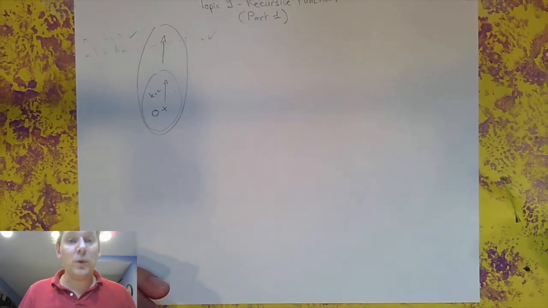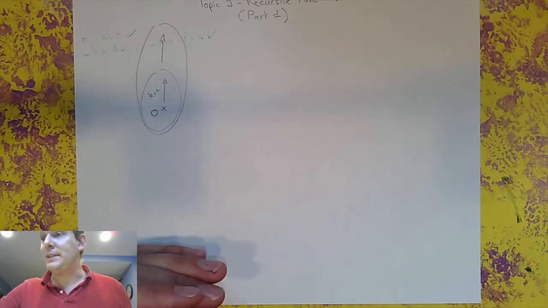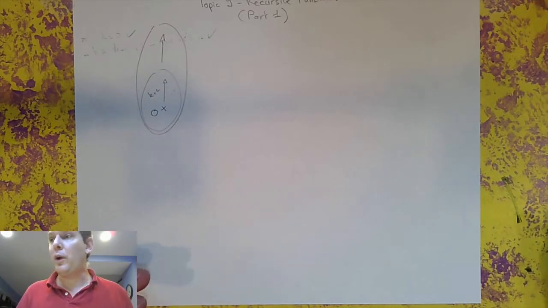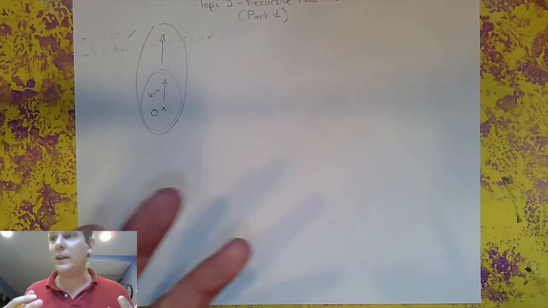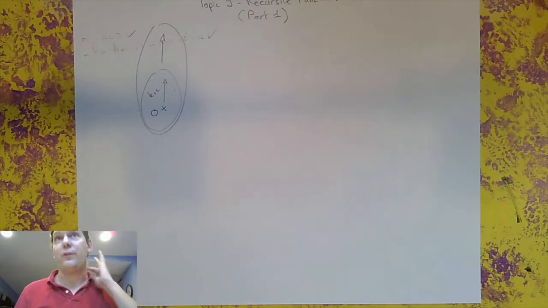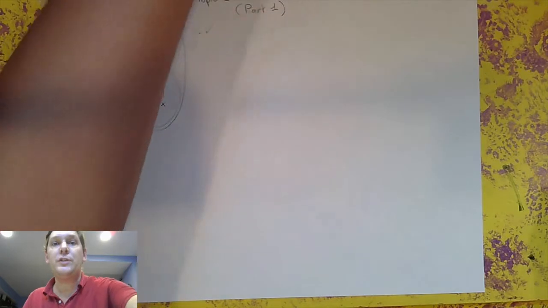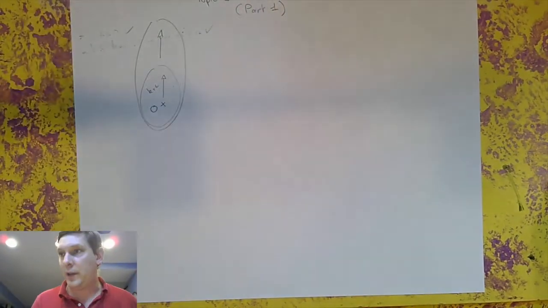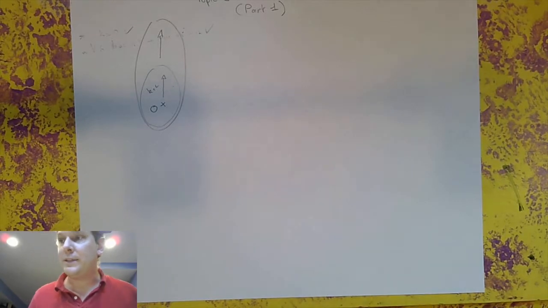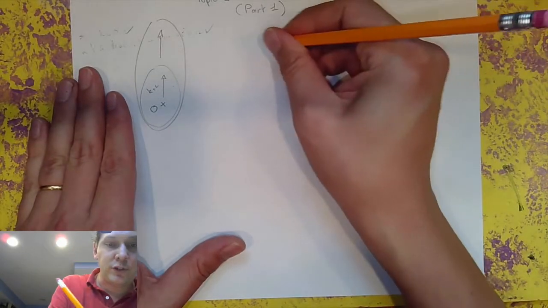So we have several pieces to define primitive recursive functions. The first important piece is that we need initial functions.